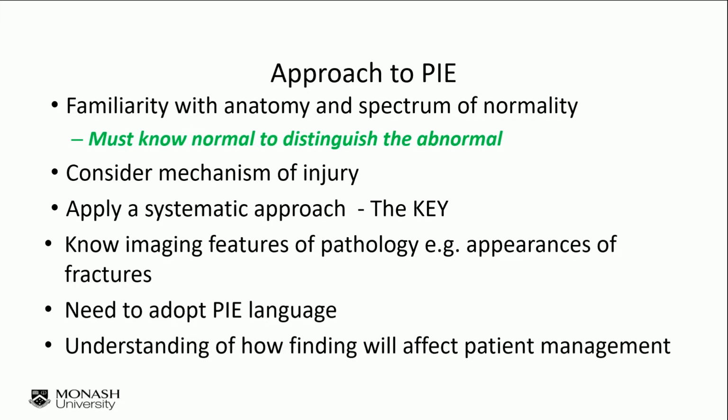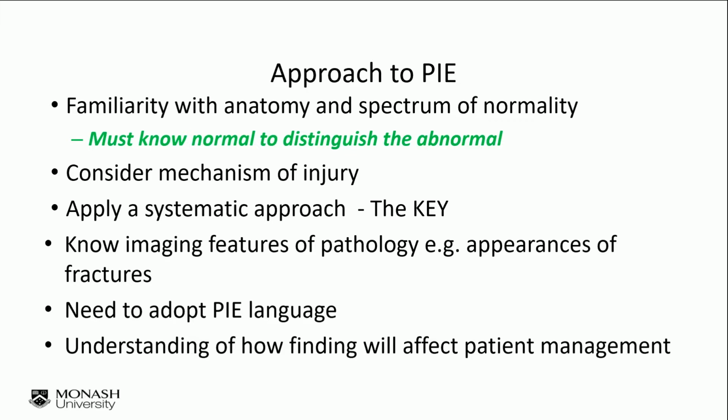Don't forget to consider the mechanism of injury, because that can direct you to where the possible pathology would be. And the main thing is to work systematically. So apply a systematic approach, and we encourage you to adopt the ABC search strategy. Also know imaging features of pathology, so how do fractures, for example, appear on images.